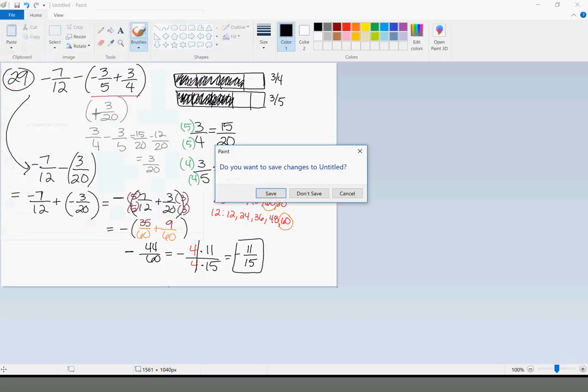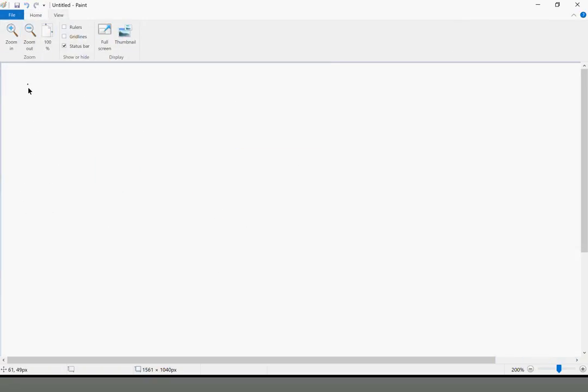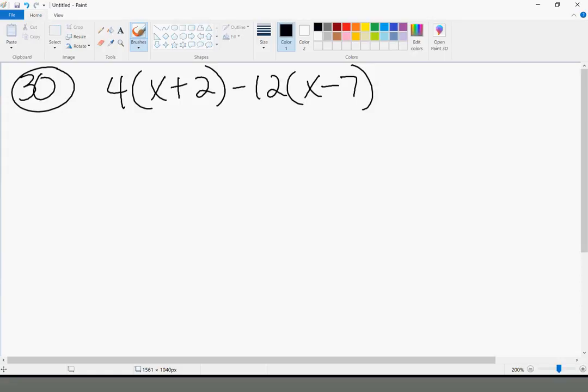So now, let's go on to the next one, which would be 30. So we have an expression that we're going to simplify. So now we're going to get to the algebra part of the final. So here we're going to distribute the 4 into this expression, x plus 2.